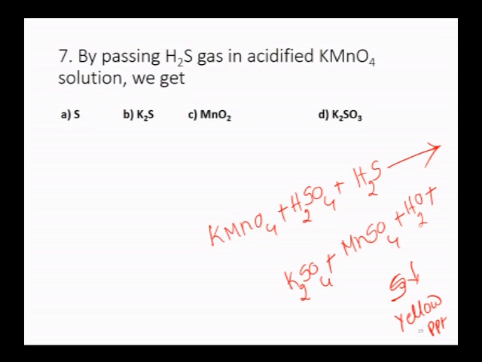So, among the options, A is sulphur, B is potassium sulphide, C is manganese dioxide, D is potassium sulphite. So the suitable answer is sulphur, A.